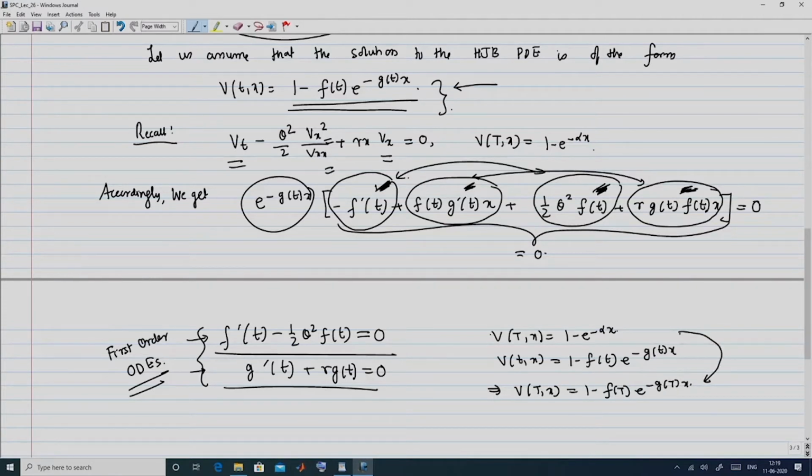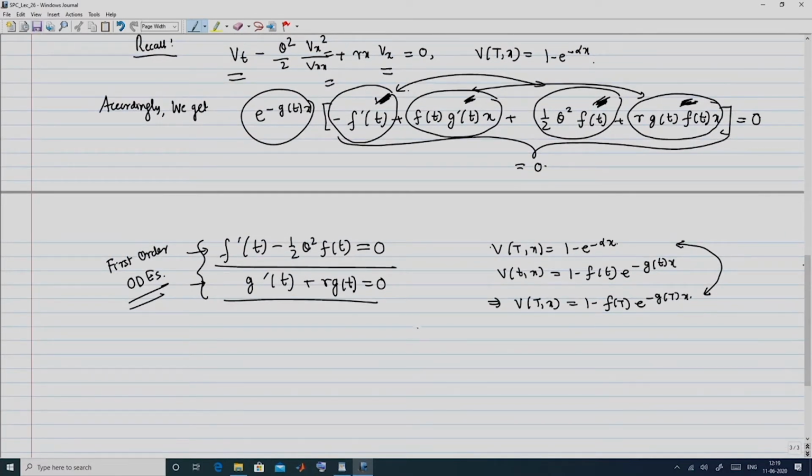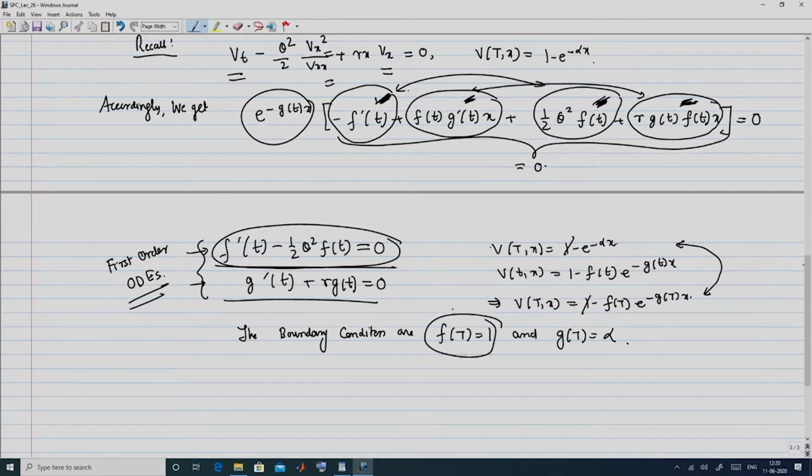We equate both expressions, and accordingly what we get is the boundary condition, or the final condition. The ones will cancel out. So f of capital T is equal to 1 and g of capital T is equal to alpha.